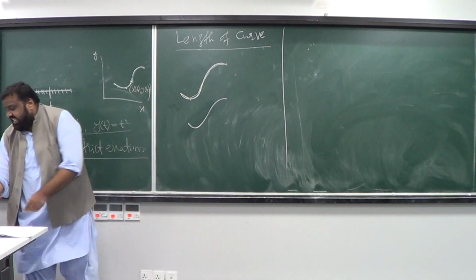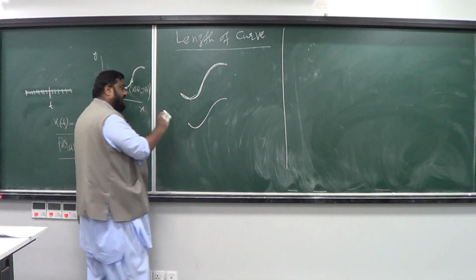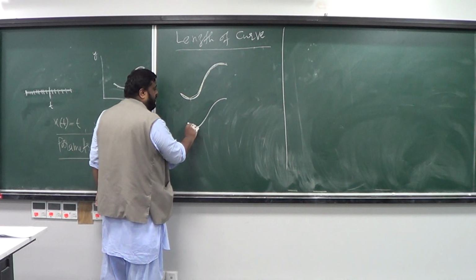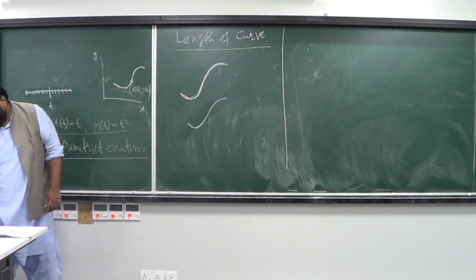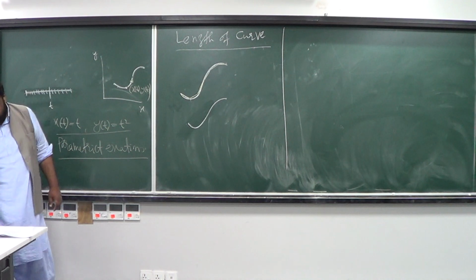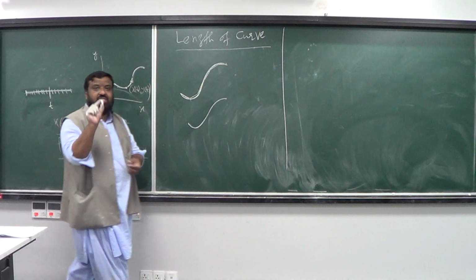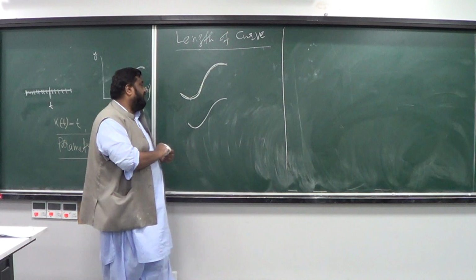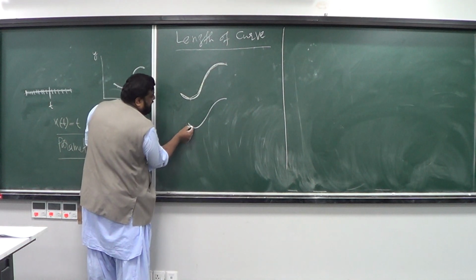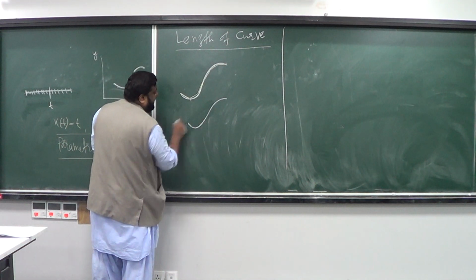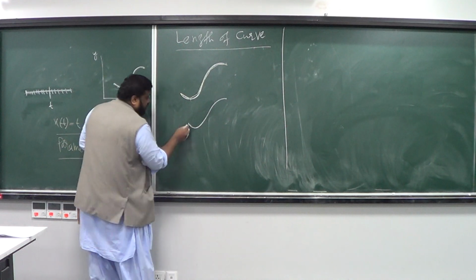So rather than taking a big piece and trying to approximate through the big piece, let's take a smaller piece and try to approximate it. So put this piece here, here, here, here, here, here, here. So what are you going to get?